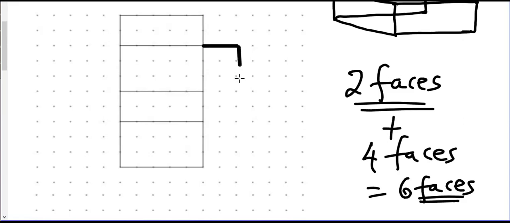And then you go down to complete a face. The point here is that this face here should be equal to this face here. That's the point, okay?